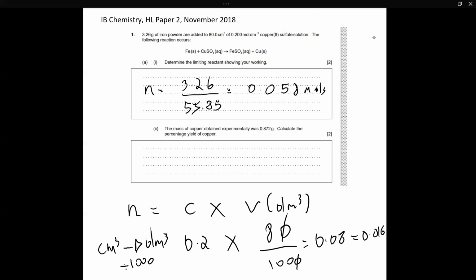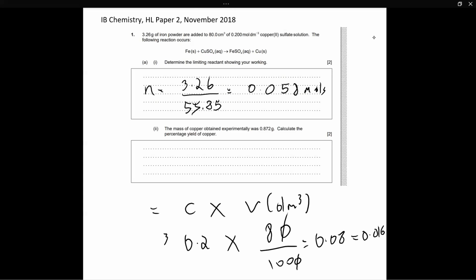No matter how much excess iron we have, it doesn't matter because you need copper sulfate solution for the reaction to go ahead. So the amount of products that you gain is purely dependent on the number of moles of copper 2 sulfate solution that you have. That's why it's called a limiting reactant, because it's in deficiency.